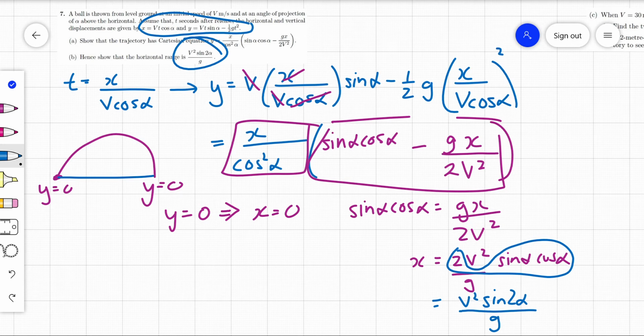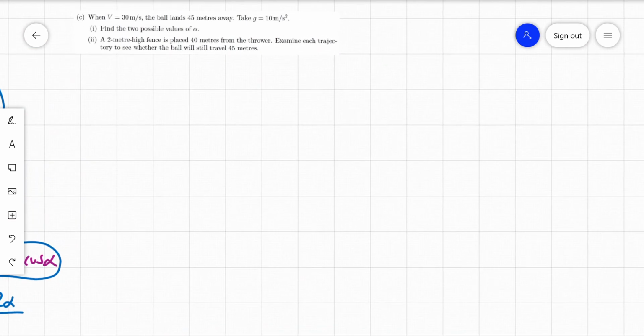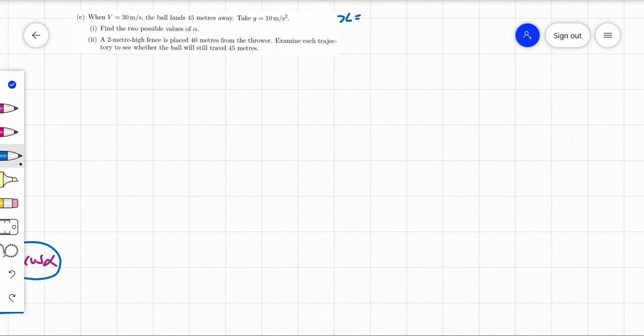So let's move over to part C. We've got v equals 30, and the range is 45. Let's put it in the equation we just got. The equation was x equals v squared sine 2 alpha on g.